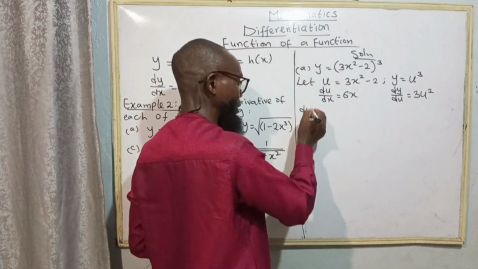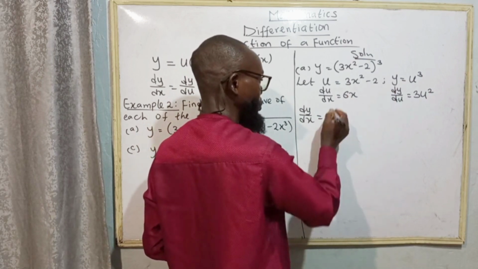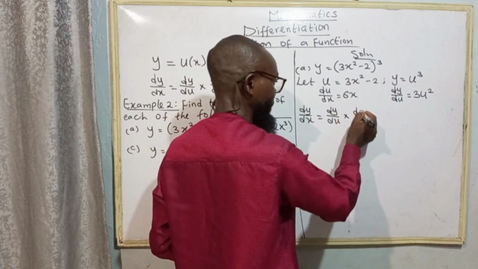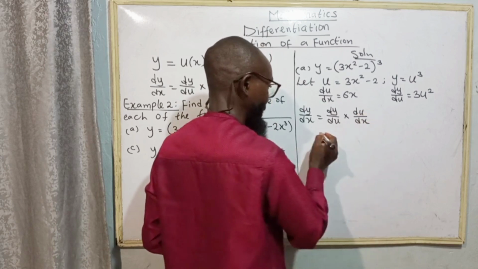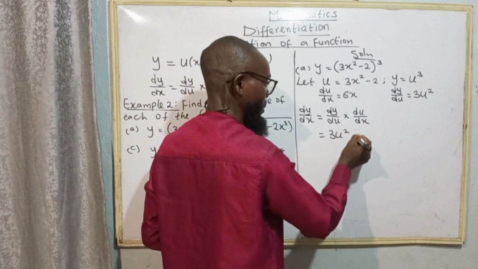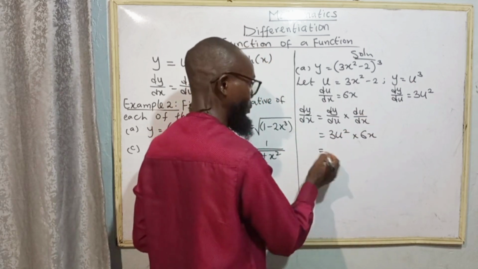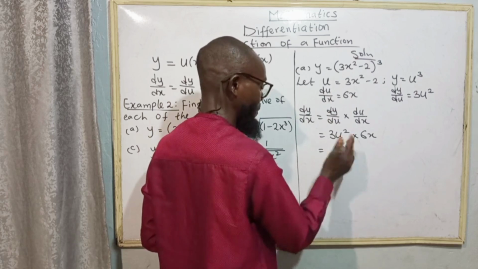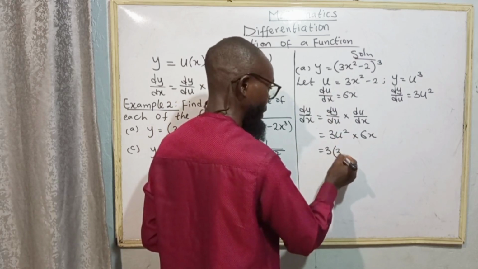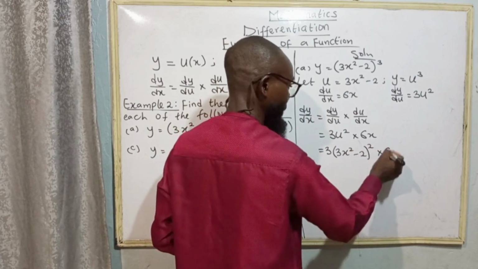Now, to find our dy dx, it equals dy du multiplied by du dx. That is, my dy du is 3u squared multiplied by du dx 6x. Now introducing our u here, so we have 3 open bracket, my u is 3x squared minus 2 raised to power 2 times 6x.